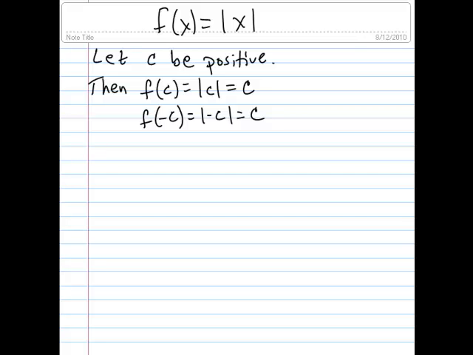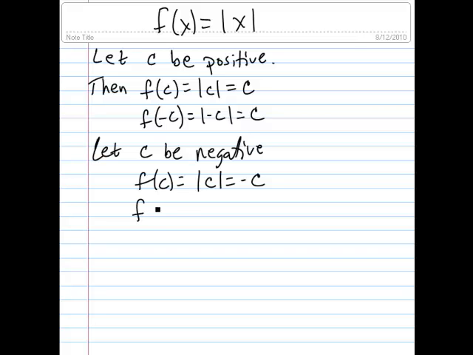But we also have to check. This one's a little funny. We have to check these cases. So we also have to let c be negative. So f of c equals the absolute value of c, which equals a negative c. Now think about that. Since c was negative, the absolute value is to negate it to make it positive. This negative c is a positive number since c itself is negative.